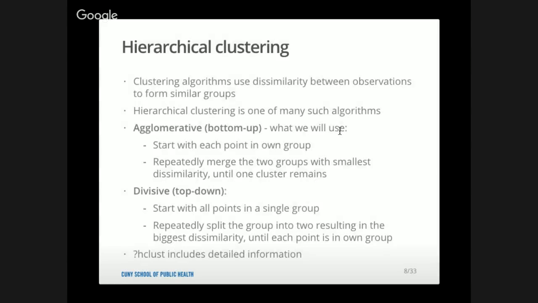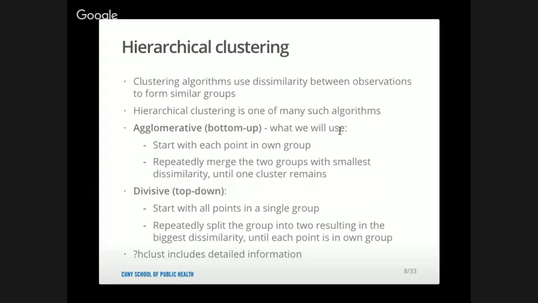So how do we do that clustering? That's what we call hierarchical clustering. Now, all clustering methods use a dissimilarity measure between observations to try to group together similar observations and to form groups of similar data points, whether those data points are samples, tissues, patients, or genes or variables.